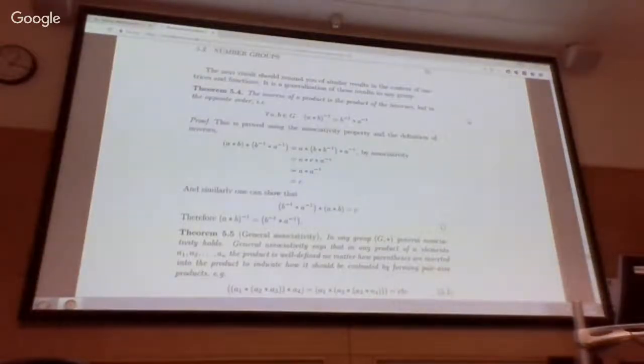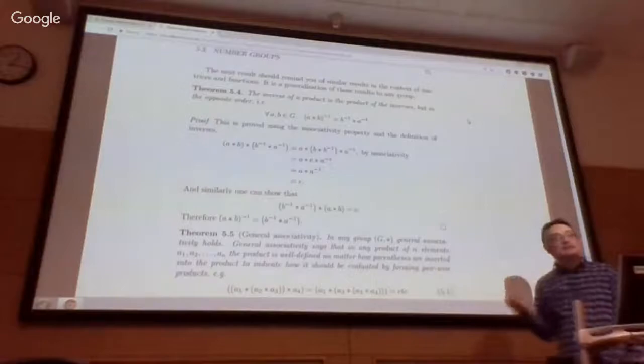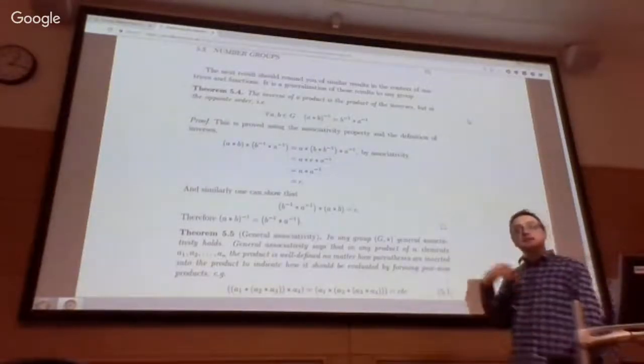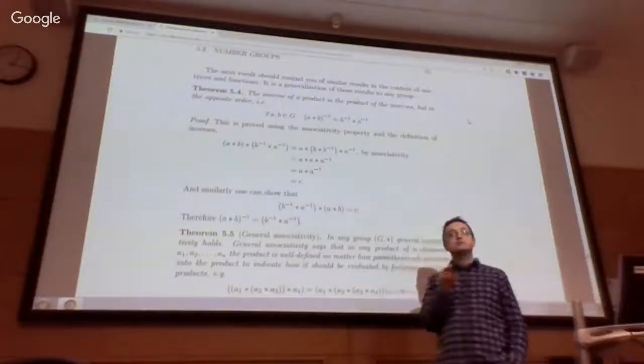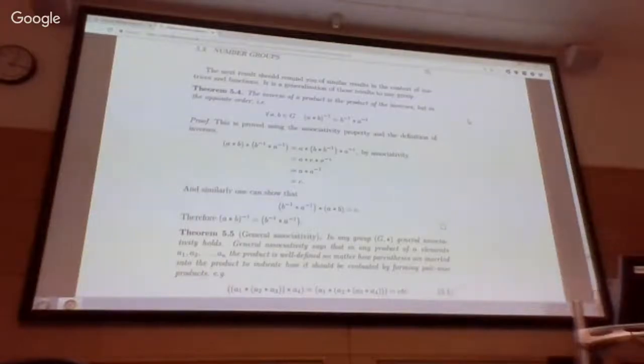The inverse of a product, which is on the left, is the product of the inverses, which is on the right, but in the opposite order. And you're already extremely familiar with that from your work with matrices. The inverse matrix of a product of two matrices is the product of the individual inverse matrices, but you have to reverse the order. You've already encountered that in your study of matrices and linear algebra.